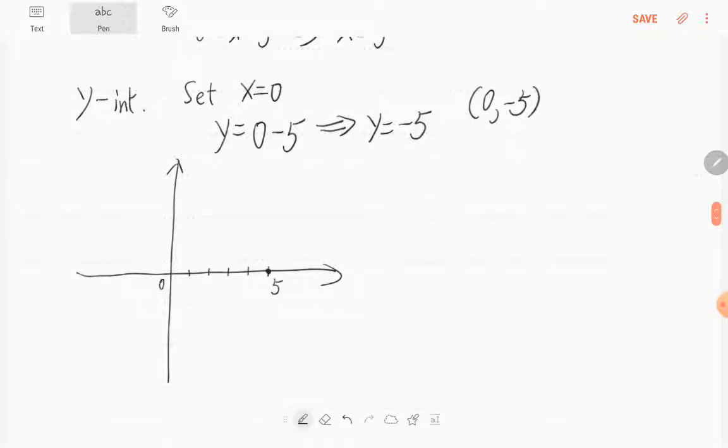Negative 5 is below the x-axis: negative 1, negative 2, 3, 4, 5, negative 5. So this is this point. Then let's connect these 2 points with a straight line. So this is the sketch of this graph.